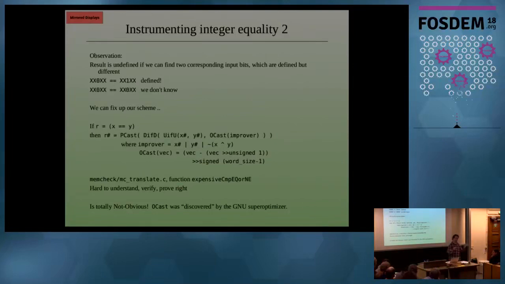I'm not expecting you to understand this, but the point is it gets complicated fast and it gets expensive fast. So we have an improver term and then we have this weird function which actually does a kind of optimistic cast. It's the parallel to the pessimistic cast we talked about earlier. You can look at the gory details in the code base if you really want to see this stuff.